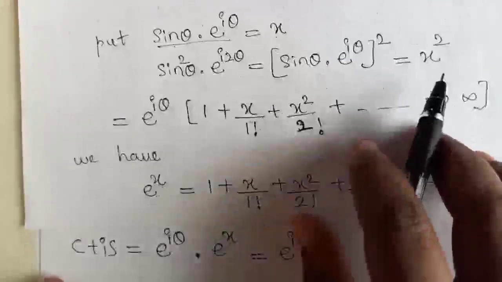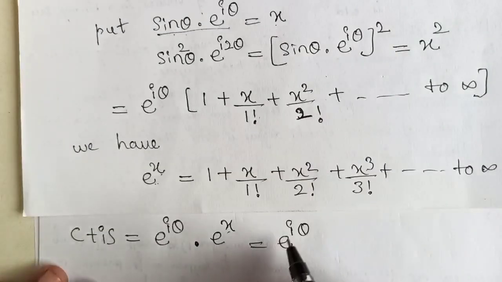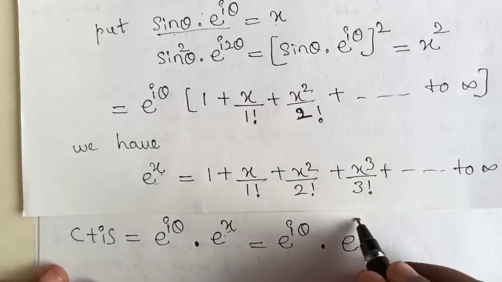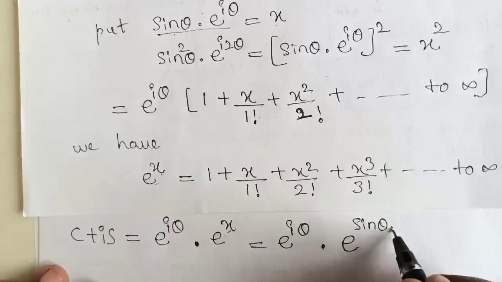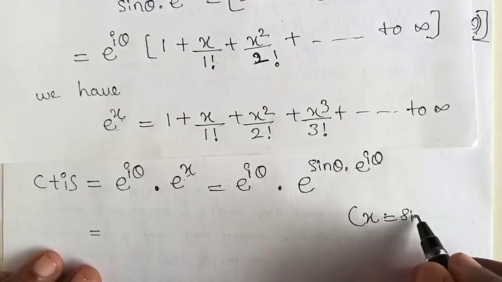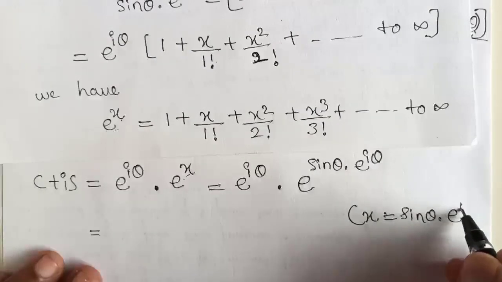So in the place of e raised to x I will write e raised to sin theta into e raised to I theta, because we have taken that x equals sin theta into e raised to I theta.